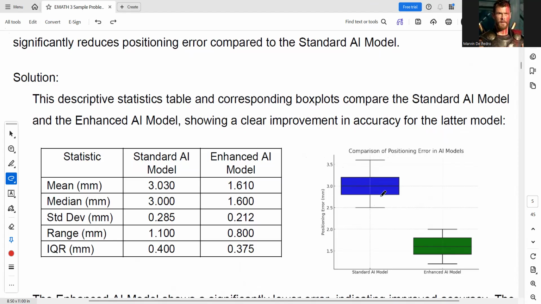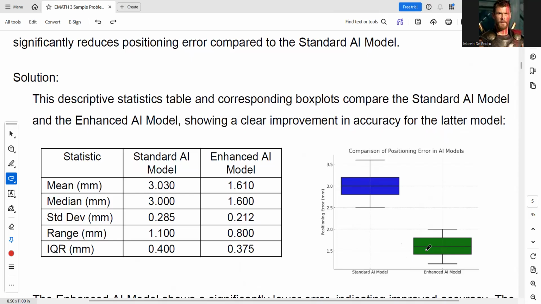The median for the standard AI model is 3.0, while for the enhanced we only have around 1.6.